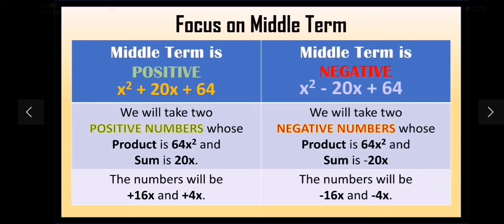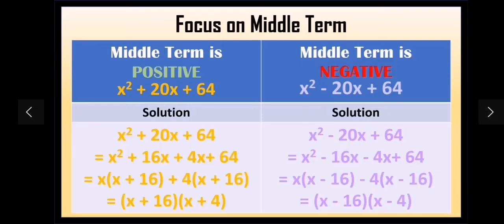Okay, so now I am going to share the solutions of these two expressions. As you can see, I have solved x square plus 20x plus 64 by doing the middle term split.